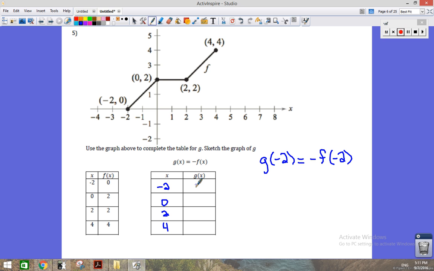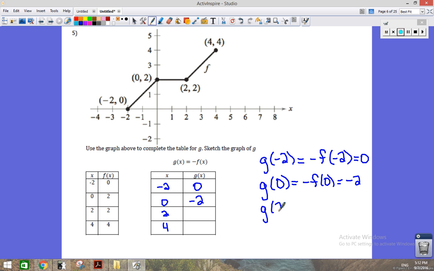Well, the opposite of 0 is still 0. Okay. So if I evaluate G at 0, that's the same as taking the opposite of F evaluated at 0. Well, F evaluated at 0 was 2, and the opposite of 2 is -2.